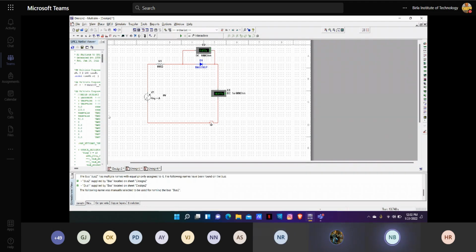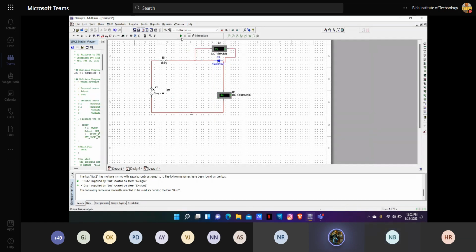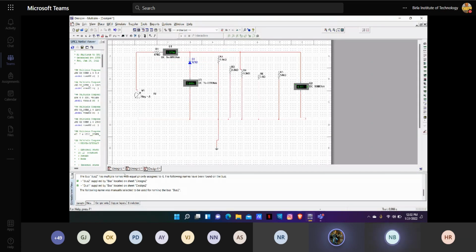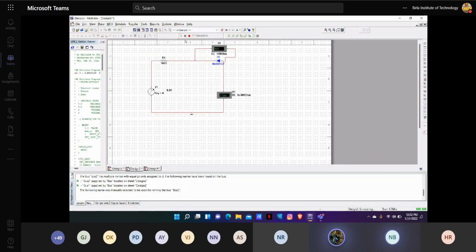Sir, this is for the second experiment, forward bias. Okay. Change the value, sir. It will change. Sir, this is for the reverse bias. And sir, this is for the third experiment.